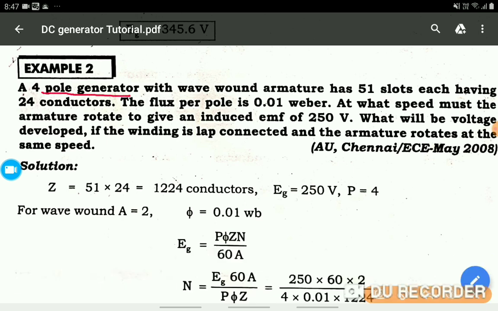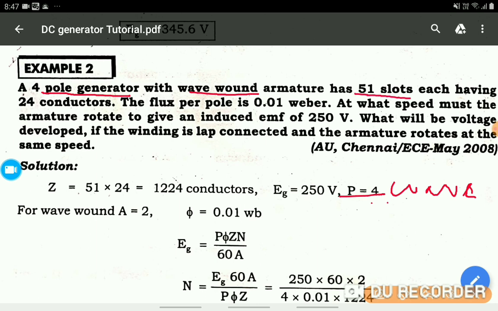A 4-pole generator, so given data P equal to 4. Wave wound is given, so consider the given data is for a wave connected machine.